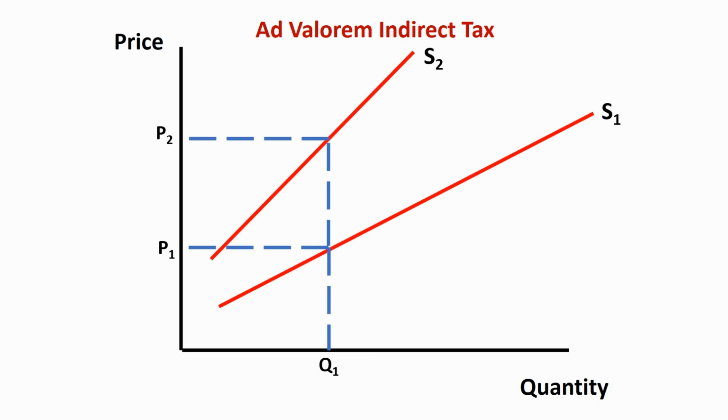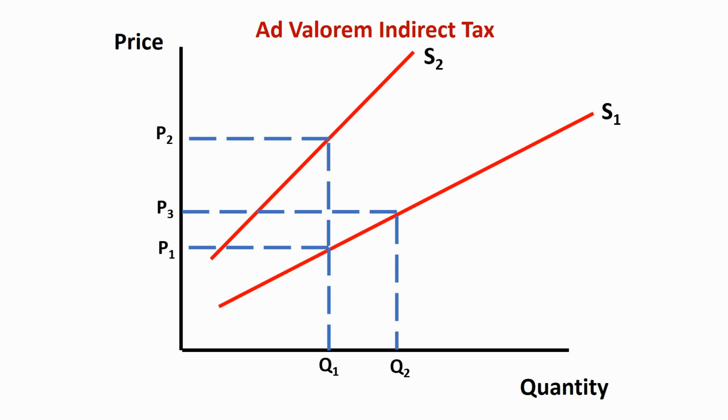However, we can imagine a situation in which the market price was actually P3. Now, at P3, because it's higher than P1, firms are willing to supply a greater quantity of that good or service to the market. They're willing to supply Q2.